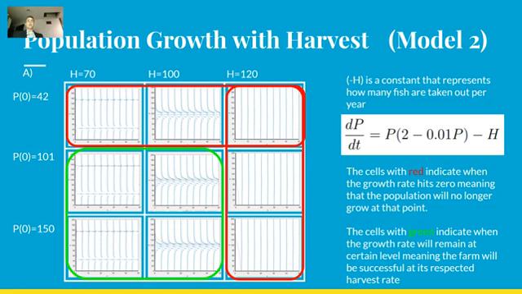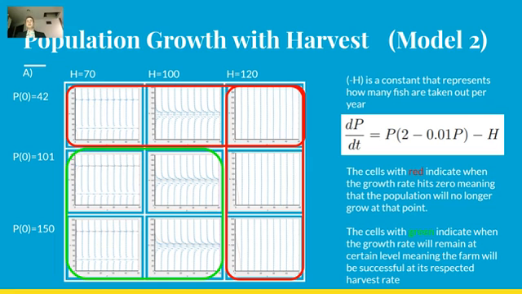Now we will be looking at population growth with harvest, or a subtracting factor, a subtracting constant in this case, represented by the value negative h, which represents how many fish are taken out per year. We will simply subtract h from our previous model, which is population growth.